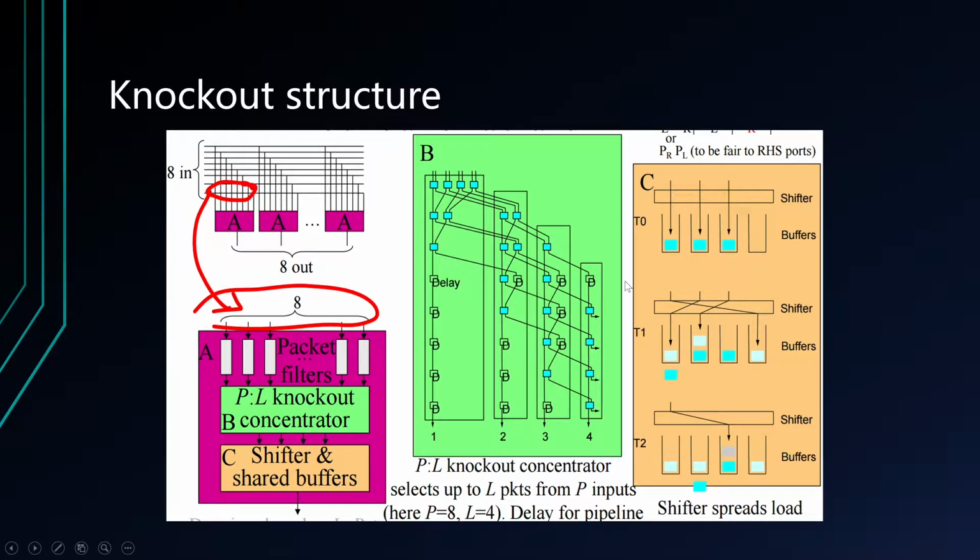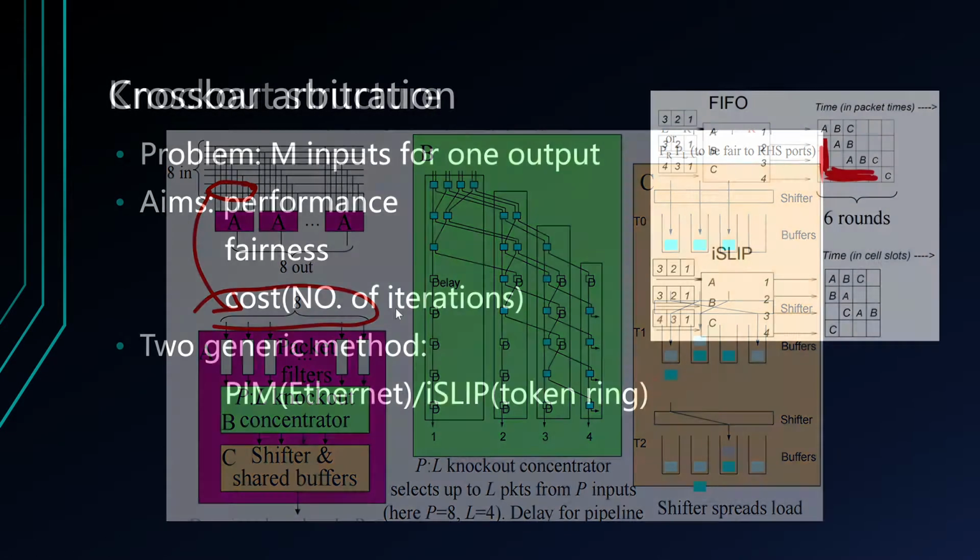One of them passes directly into the output, and the other three have their load spread and go inside the buffer to wait for forwarding to the specific output.